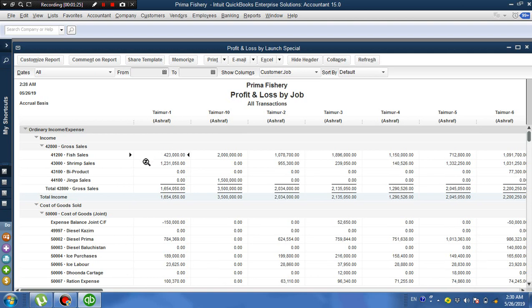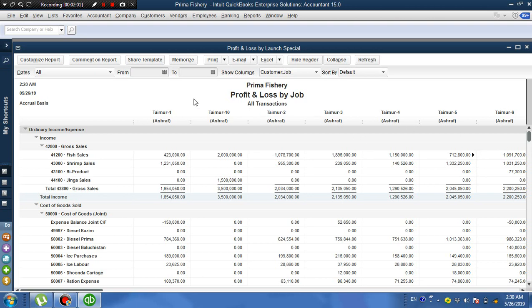Instead of this Timur boat, which is in fact a fishing boat name, it can be a property building where there are flats like flat number 1, flat number 2, flat number 3, flat number 4, flat number 5. This way you can handle the property business and you can get the profit of every flat or every shop for which you receive your rent.